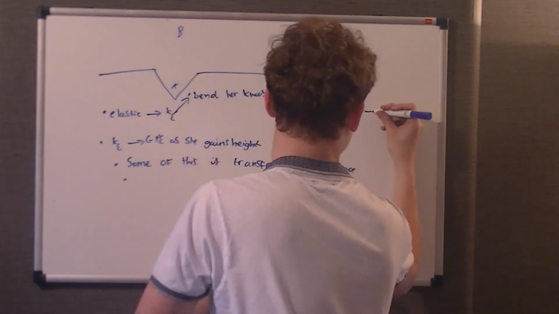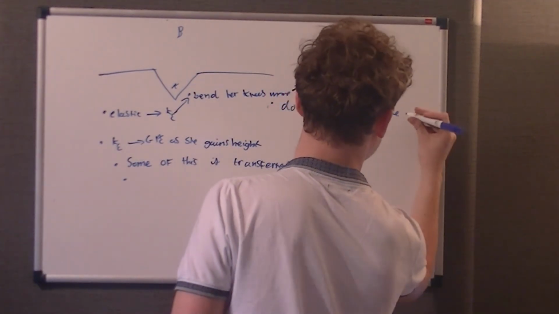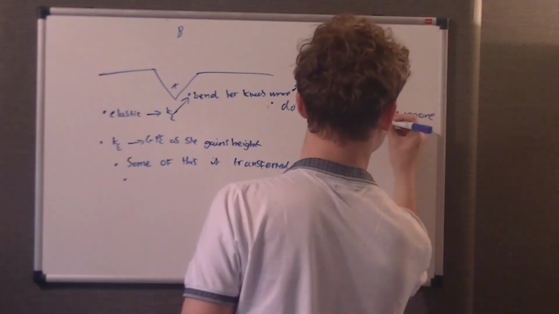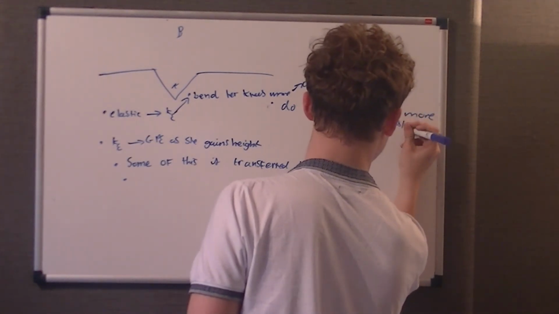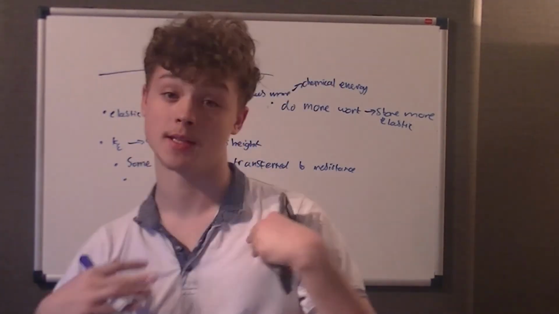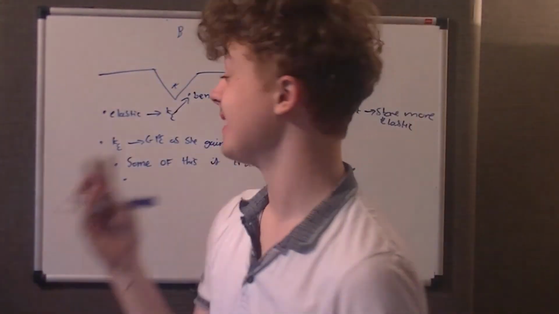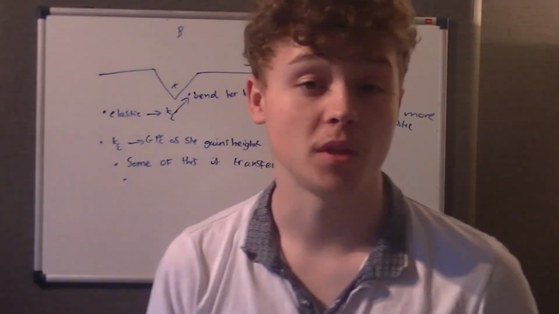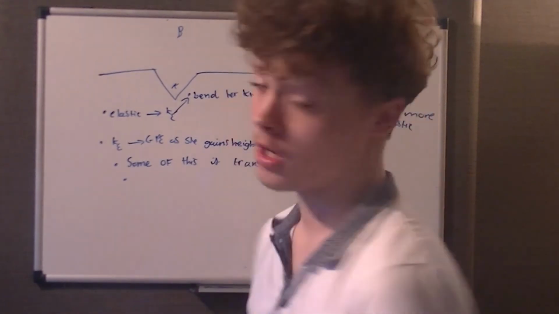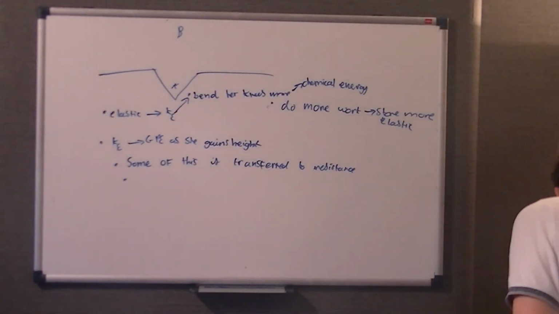So do more work is store more energy, and store more elastic energy. So when she jumps, more of the elastic energy is converted into kinetic, so she gains more GPE, so she can get a higher distance above the trampoline before she stops, so higher than B, and obviously this would get higher marks.